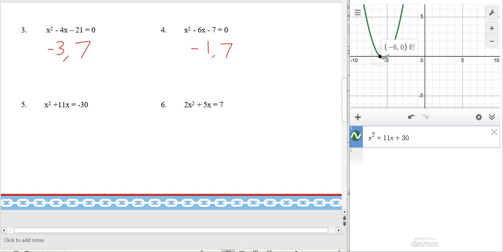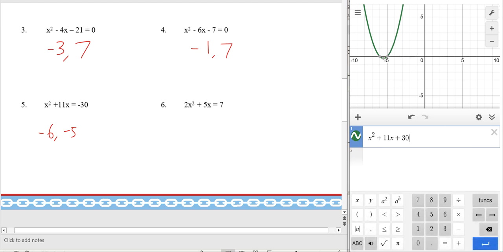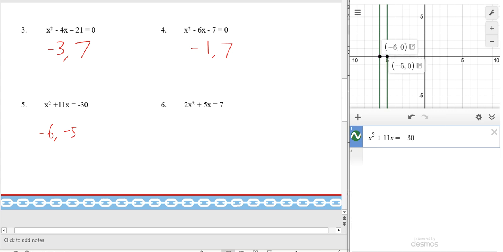And I see my solutions here at negative 6 and negative 5. The other thing I can do is actually just type in the equals negative 30. And I get the vertical lines then at the same spots.